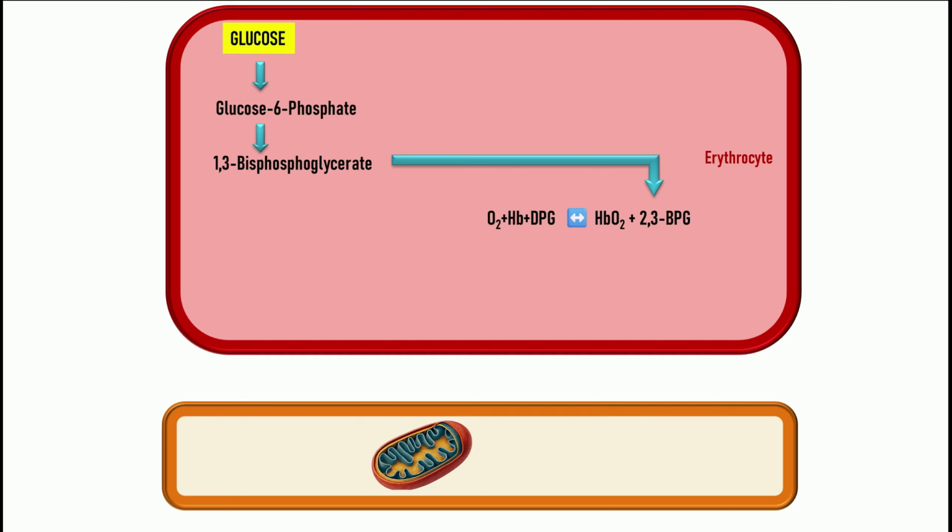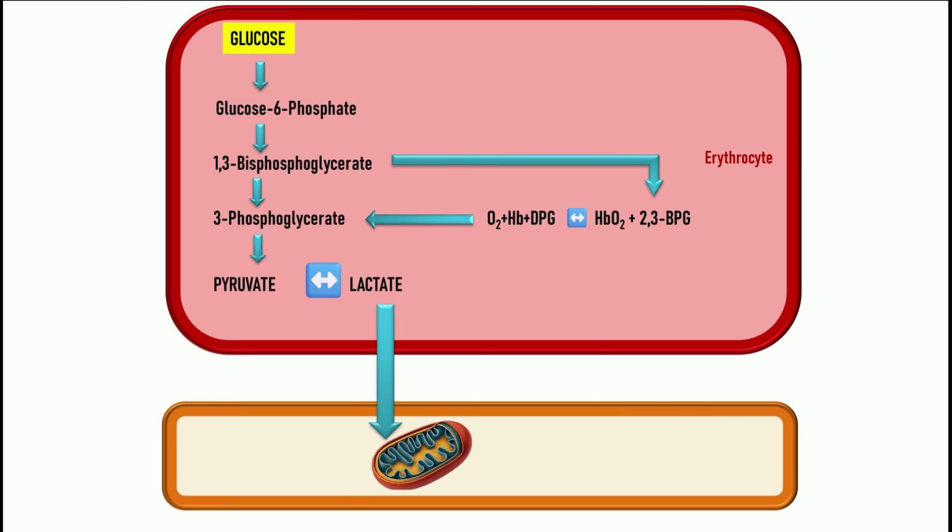It is released after the oxygen tension rises, for example, in the lungs, and is converted back to 3-phosphoglycerate that is subsequently converted to pyruvate and lactate. As there are no mitochondria in the red blood cell, the lactate is pumped out and shuttled to lactate-consuming tissues as a major form of energy.